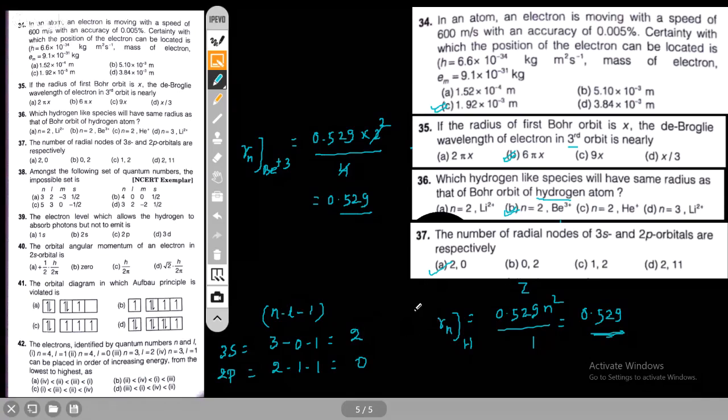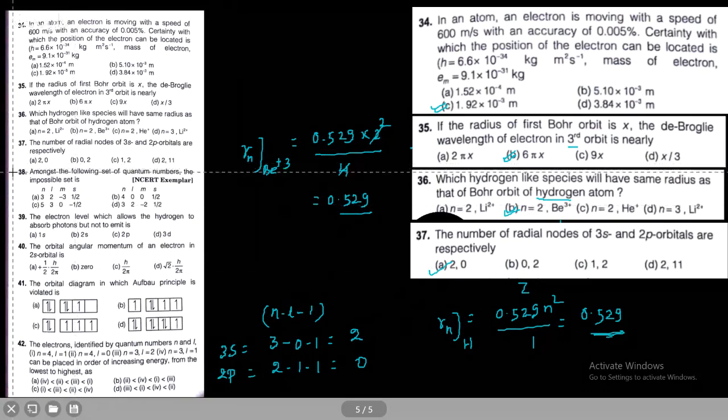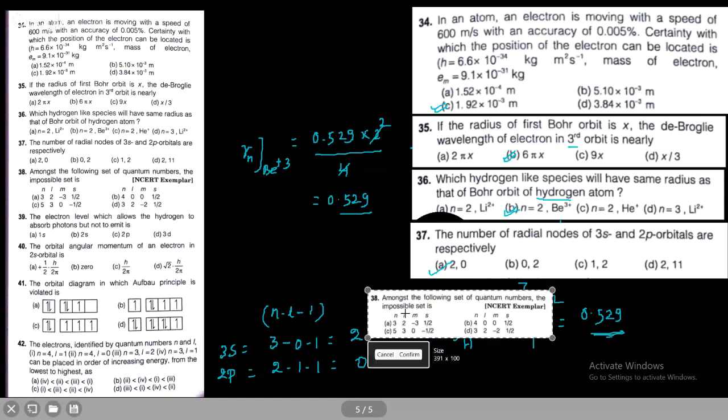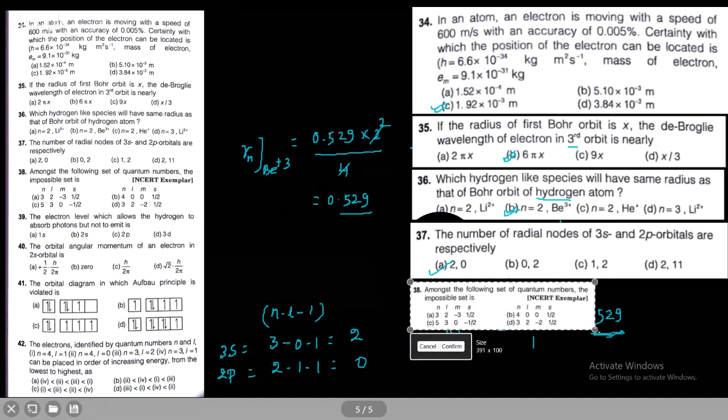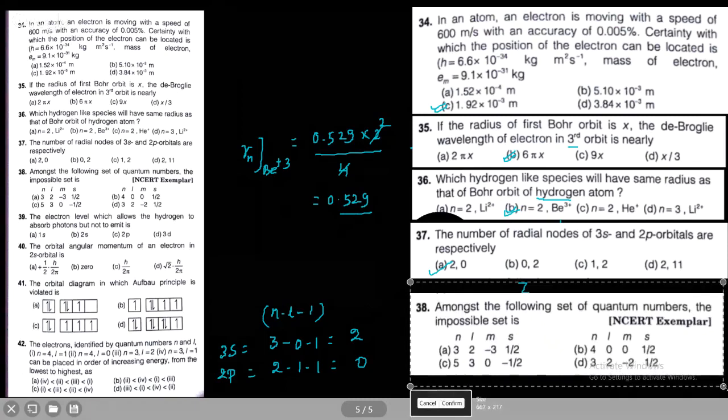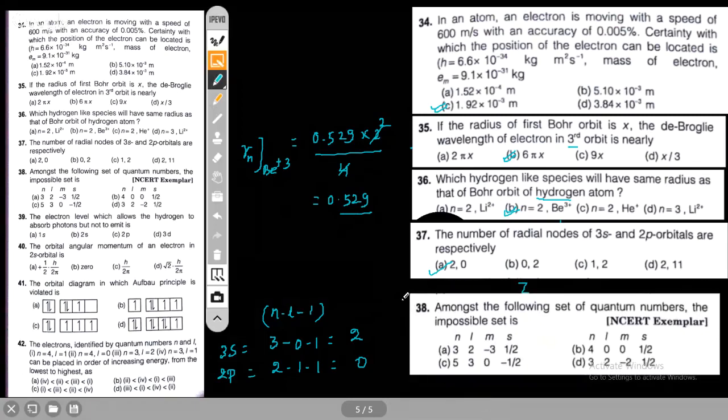Right? Next, question number 38. Following quantum numbers, impossible set.